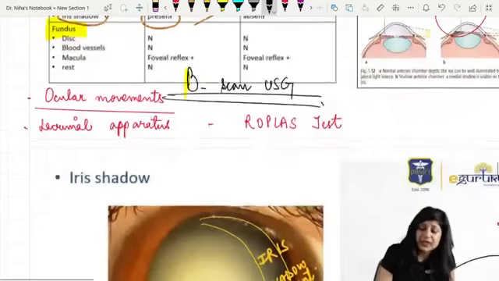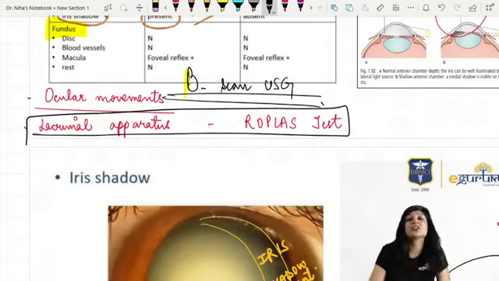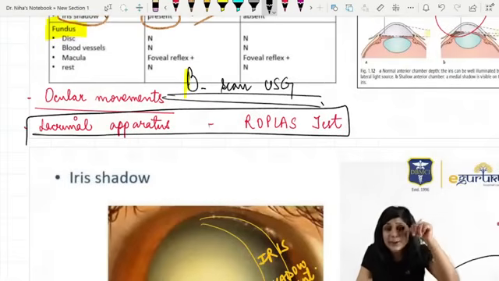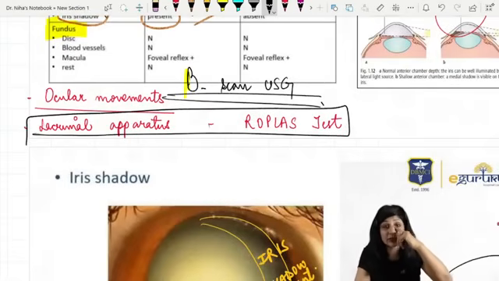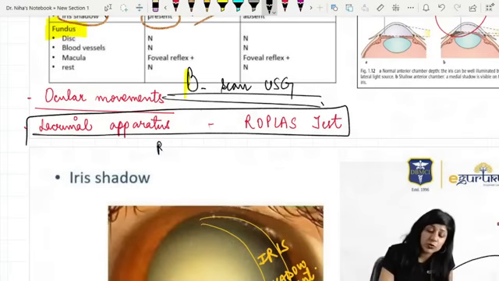Okay. Then another important thing is we should also do the regurgitation test, when you are applying the pressure over the lacrimal sac, over the sac area, because it's very, very important to rule out the dacryocystitis.